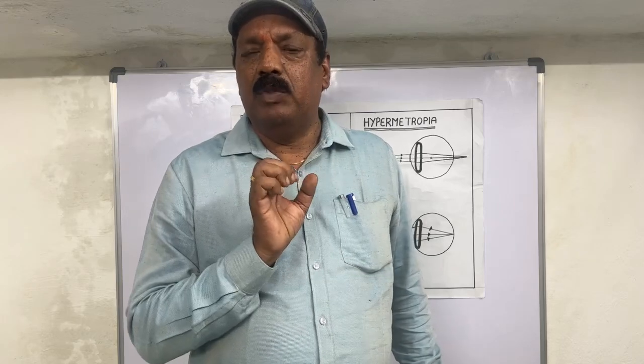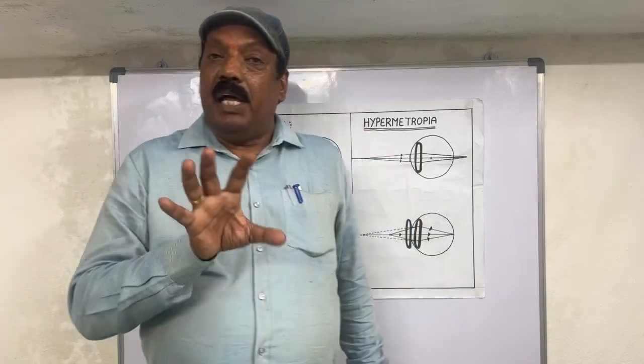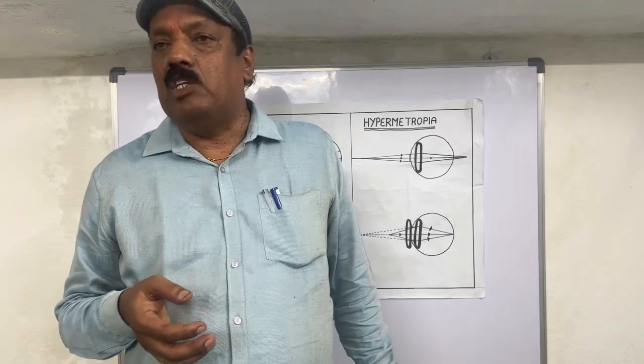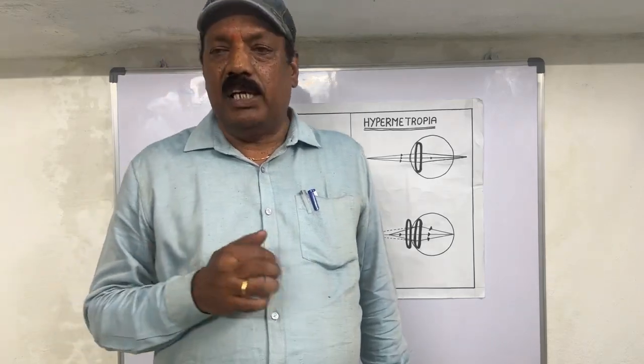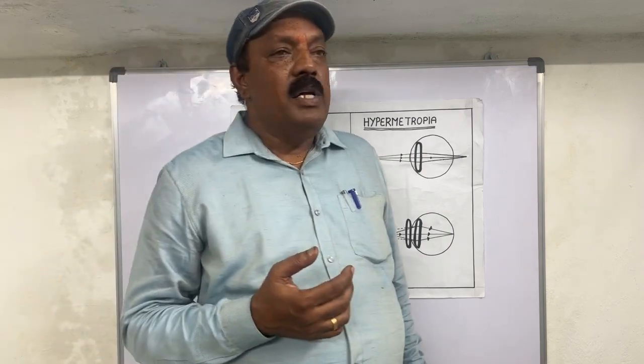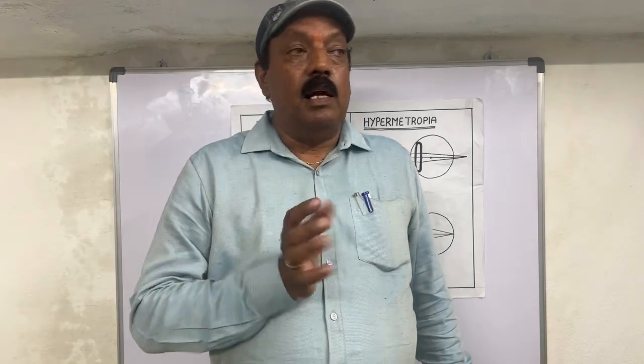Another situation is that the morning sunrise and evening sunset are red in color. Why? This is another question people ask. In the morning sunrise the sun is very far from us, and in the evening also very far.